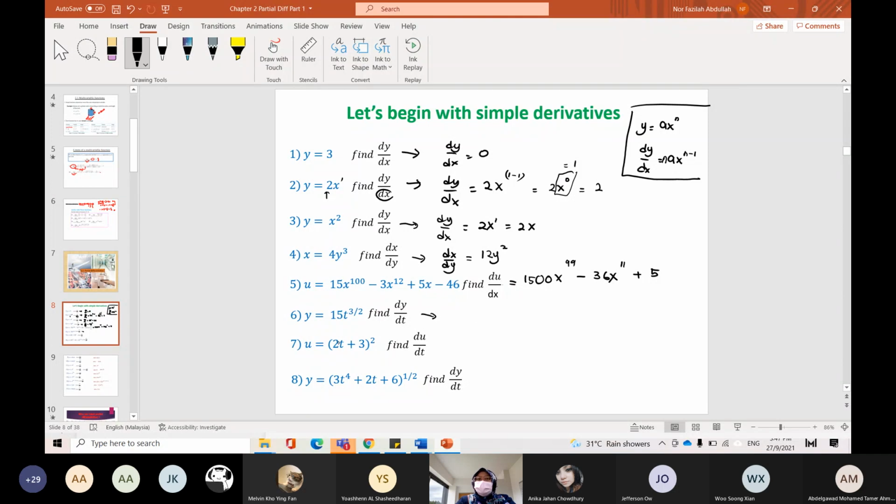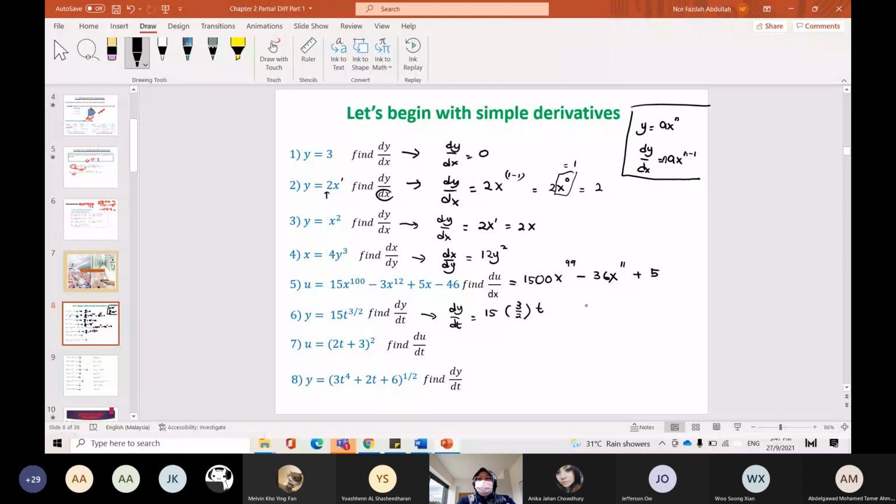Okay, so next is y equal to 15 times t power 3 over 2. So dy over dt is equal to 15 multiplied by 3 over 2, multiplied by t.